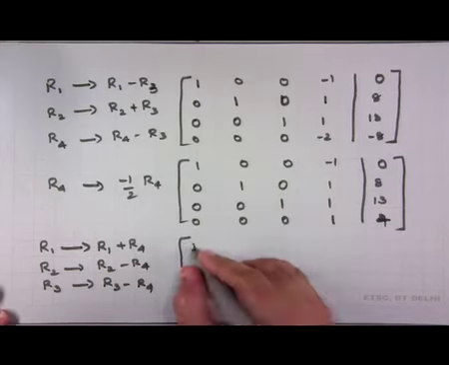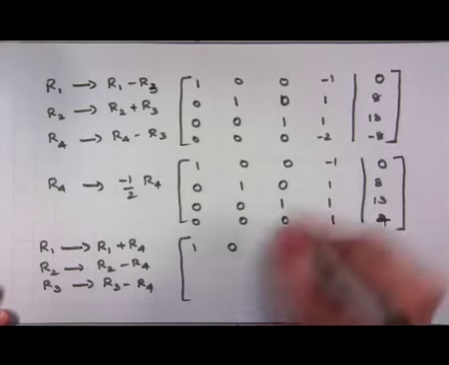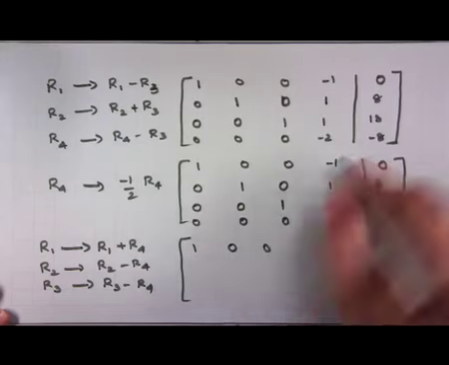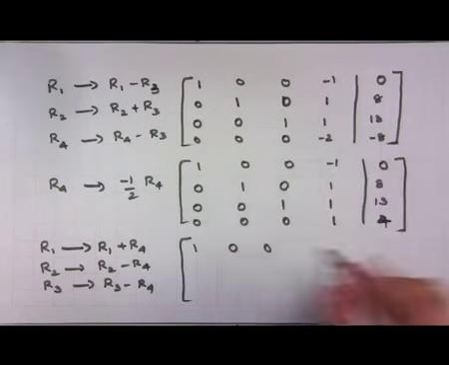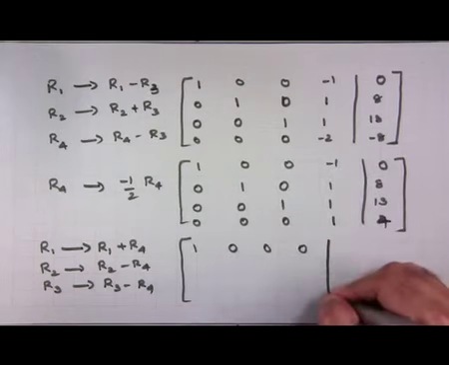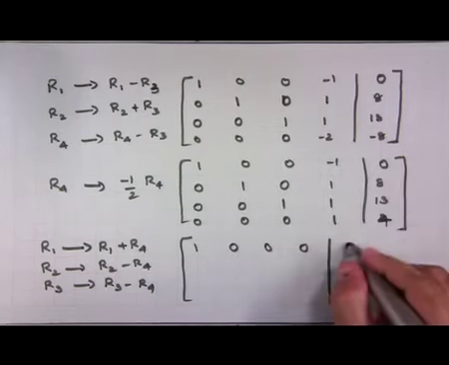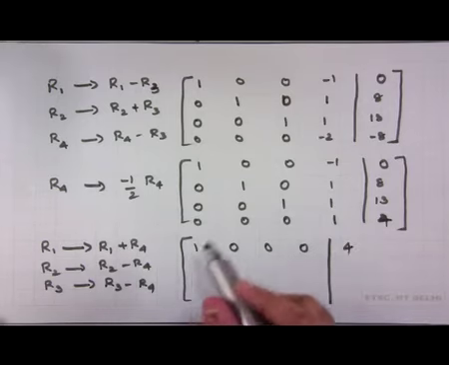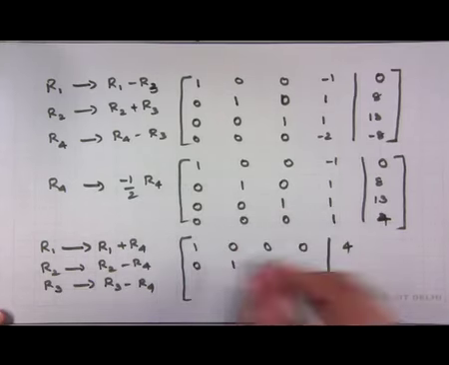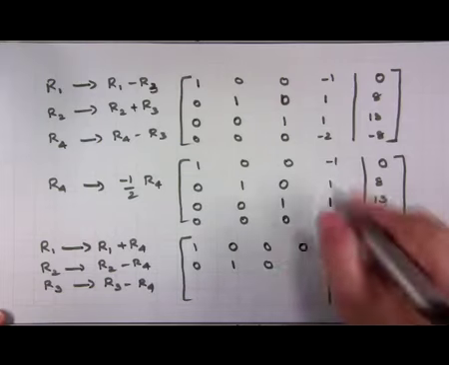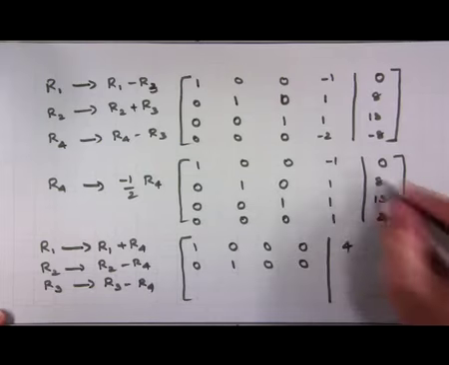1 plus 0 it is 1, 0 plus 0, 0 plus 0, minus 1 plus 1 it is again 0, 0 plus 4 you have 4. Second one R2 minus R4, so 0 minus 0 is 0, 1 minus 0 is 1, 0 minus 0 it is 0, 1 minus 1 it is again 0, 8 minus 4 you have 4.